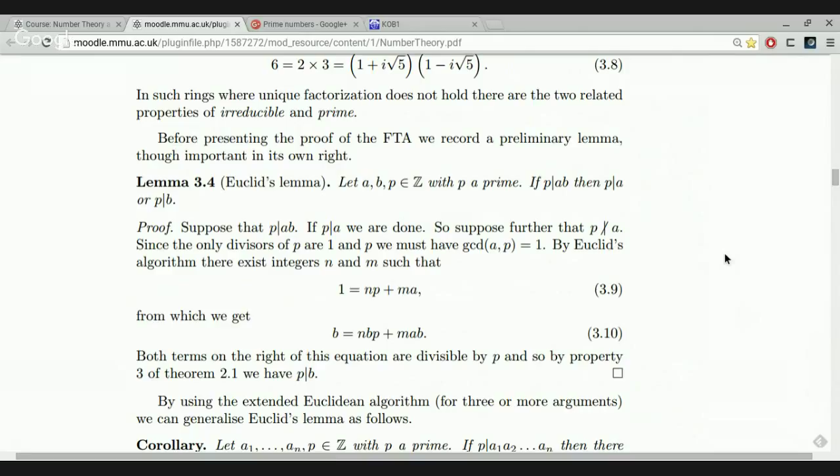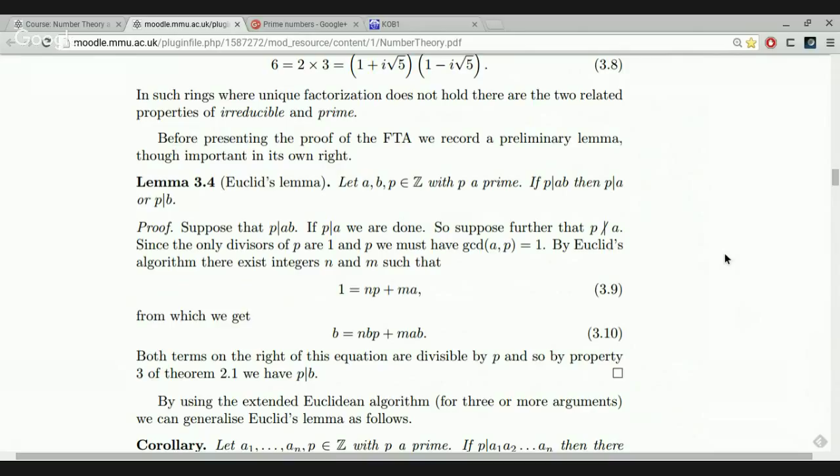Now b doesn't feature in this equation yet, but there's an easy way to make b appear. Just multiply both sides by b. When you multiply on the left by b, you suddenly have b on its own, which is good. And we have nbp and mab on the right-hand side.